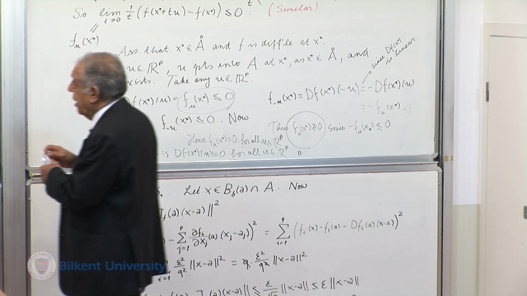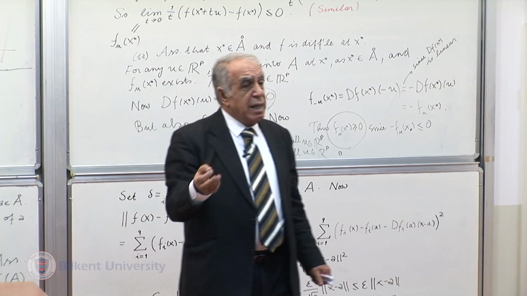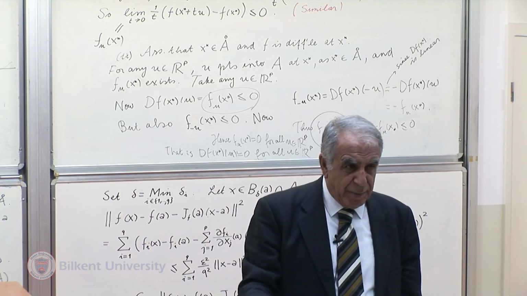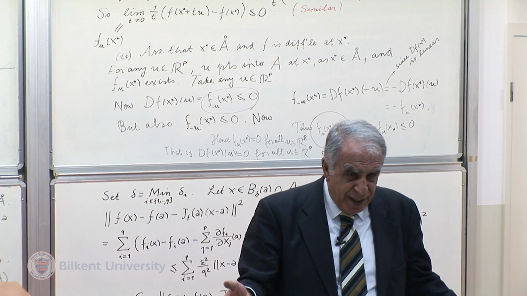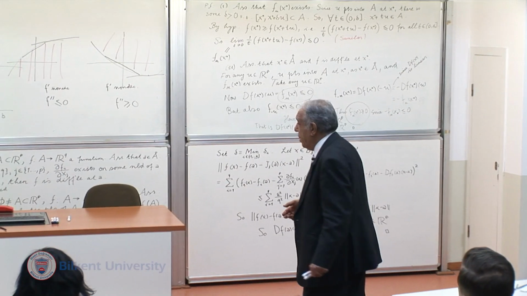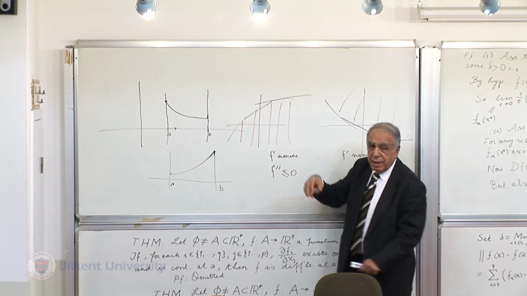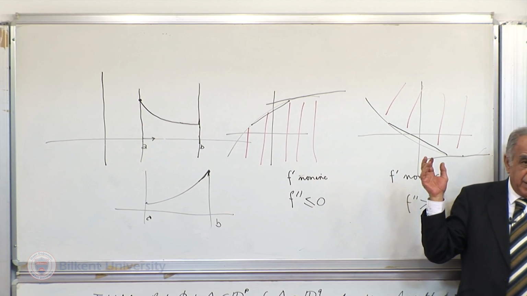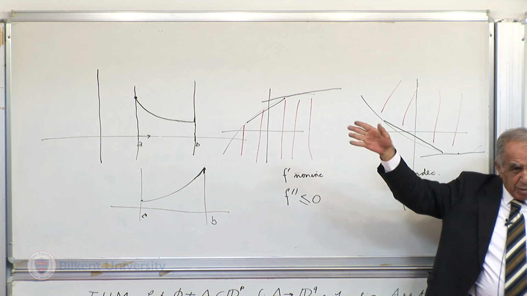We'll take the first two characterizations for real valued functions defined on a real vector space, because we don't need anything further than that. But the third characterization requires differentiation, so we'll do it in Euclidean spaces.